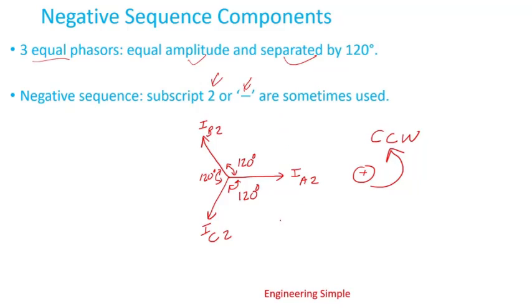By the same convention, if I draw a line here and the phasors rotate, I will see A cross this line first, then C, then B. So it's ACB, which is reverse, so it's a negative sequence.